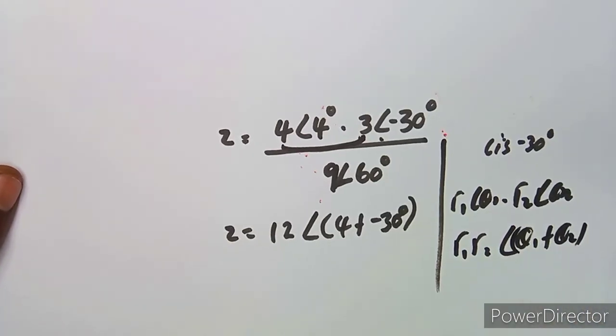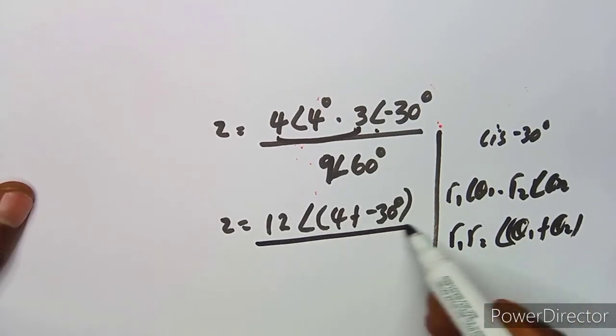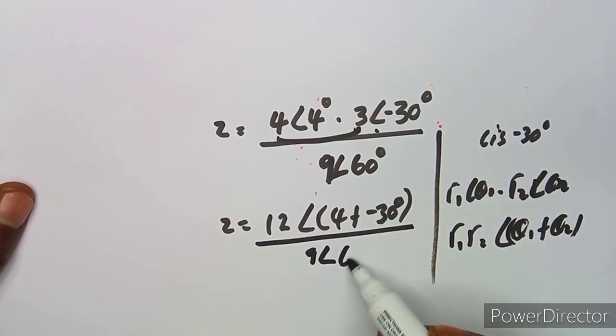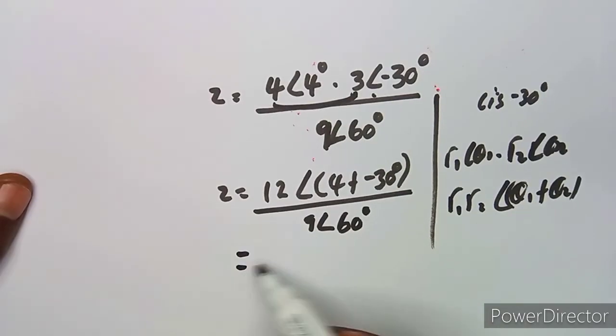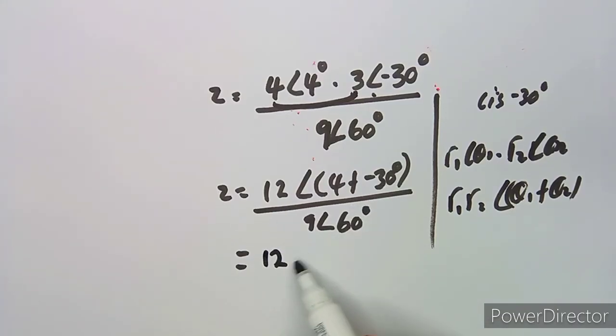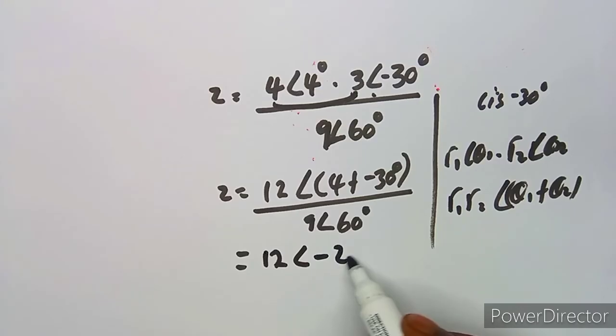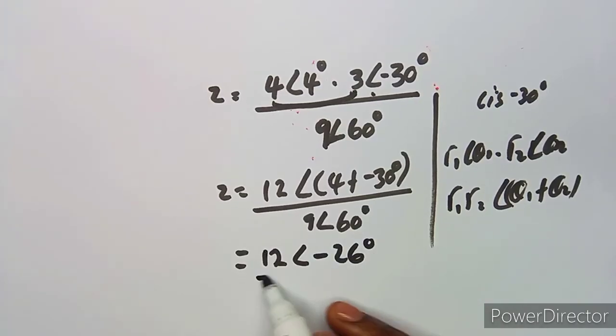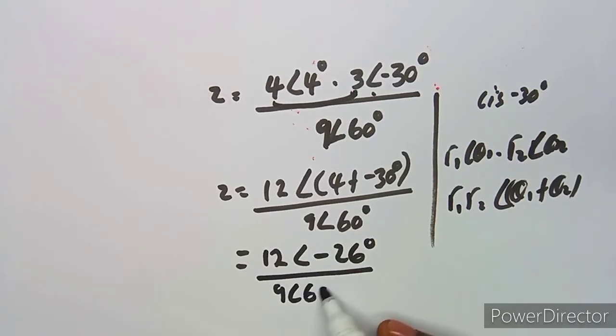You add the angles. All right, so that's the concept there. So if we add these two, we are going to obtain 4 minus 30, which is minus 26. So it's going to be 12 angle of minus 26 here. All right, everything over 9 angle of 60 degrees.